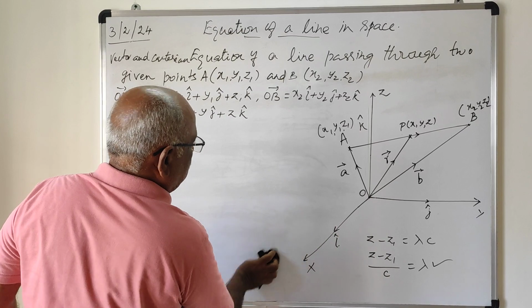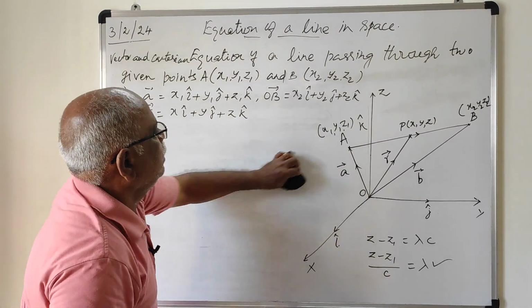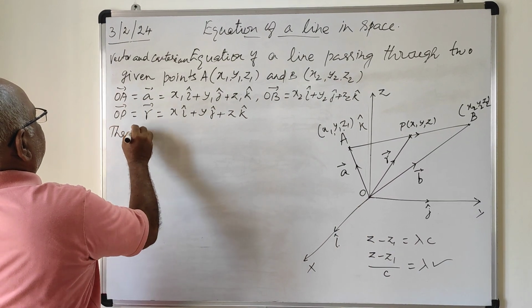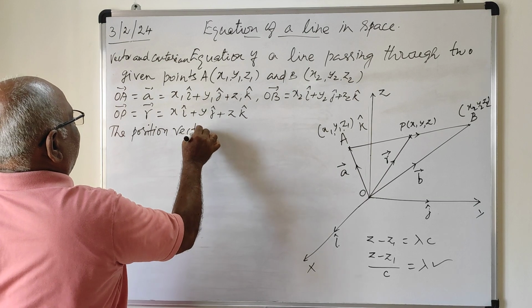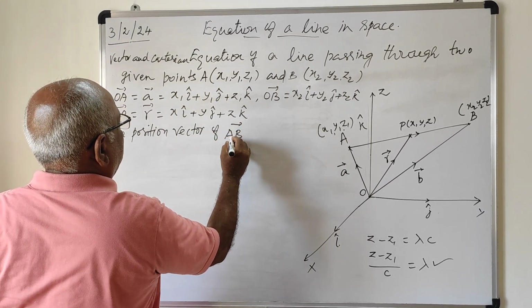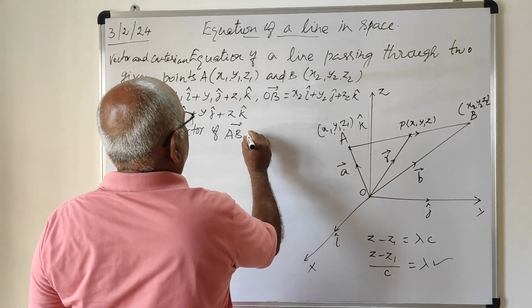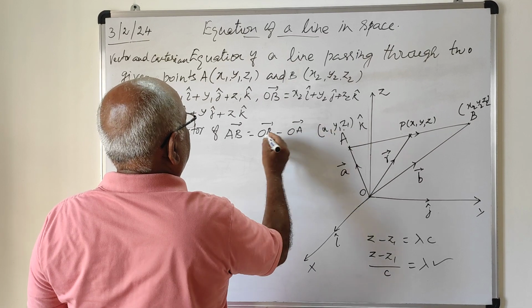Now, the position vector of AB, the required line passing through the two given points A and B, is OB minus OA.